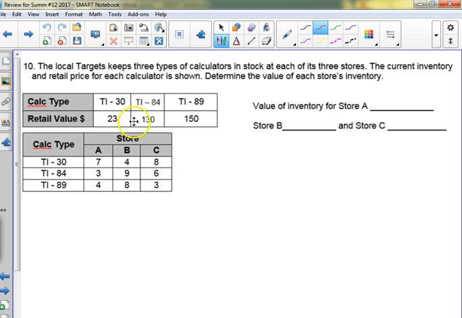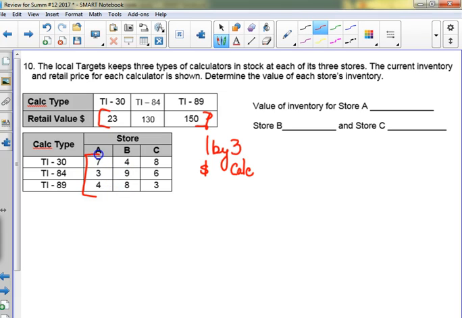These are the retail values of these calculators. So if I look at this as a little matrix, it's a 1 by 3, right? Where 1 represents the dollars and 3 represents the calculator.